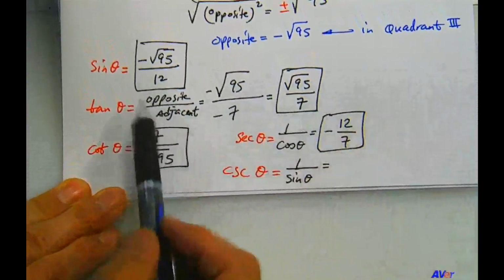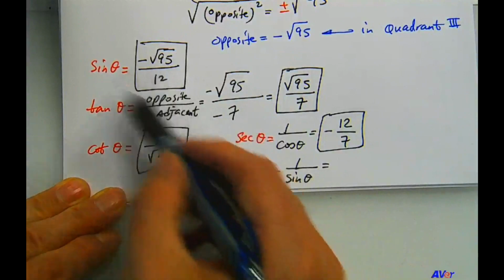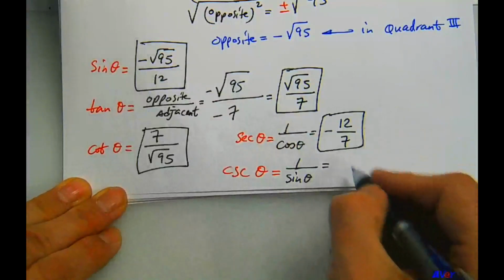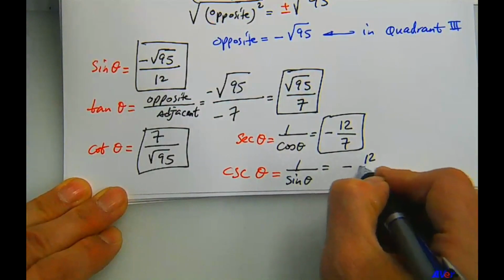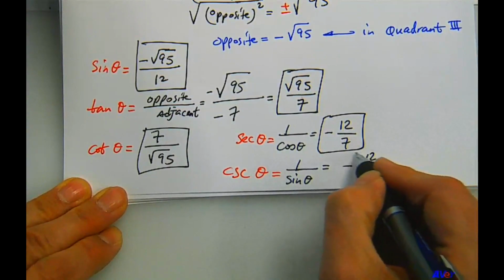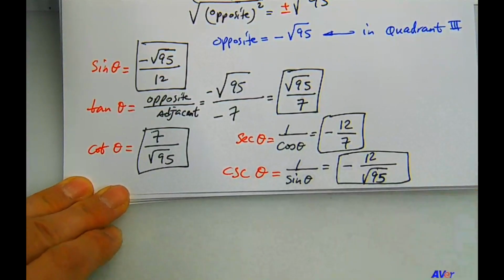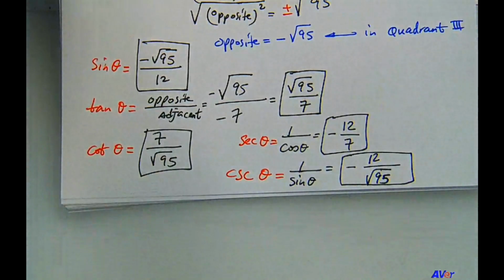For the sine of theta, we got minus square root of 95 over 12. So just take the reciprocal of that. We have minus 12 over square root of 95. Like that. Okay. So I'm sure if you have questions about what we did just now, you'll let me know.